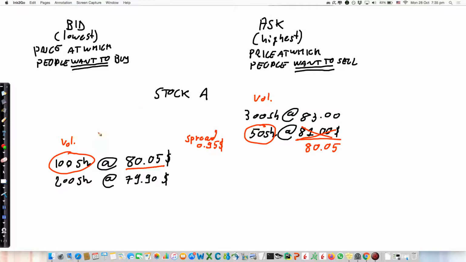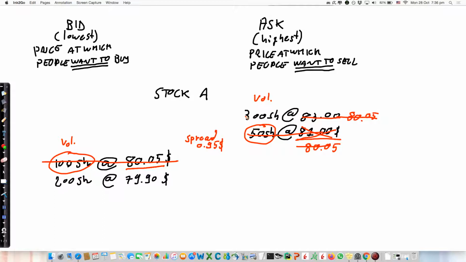But let's say now that this guy is also willing to sell at 80.05. Okay, so what happens? There is a transaction happening here. So this guy will be able to buy 100 shares at 80.05. These shares will be sold, these as well.